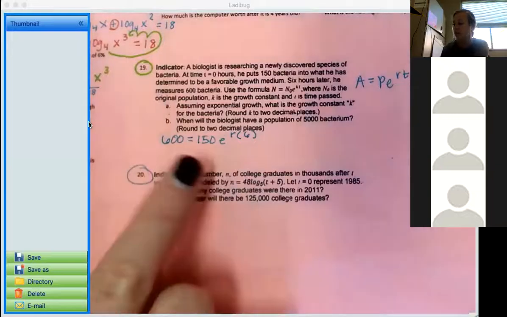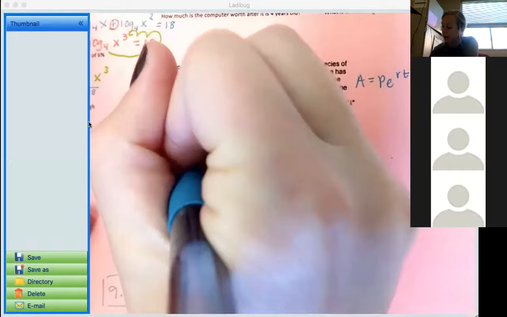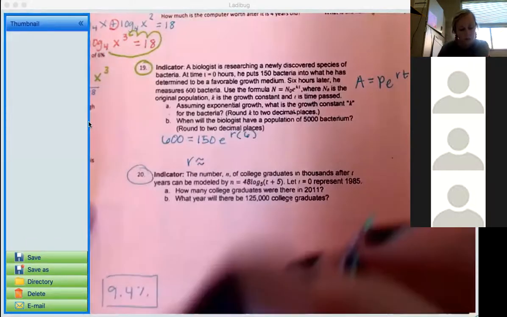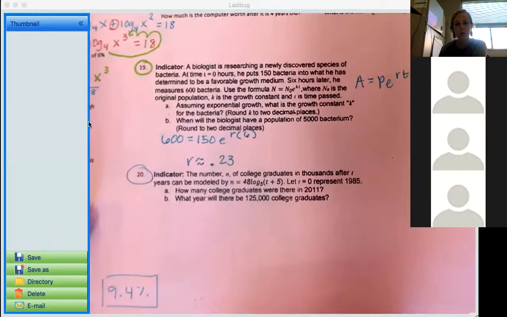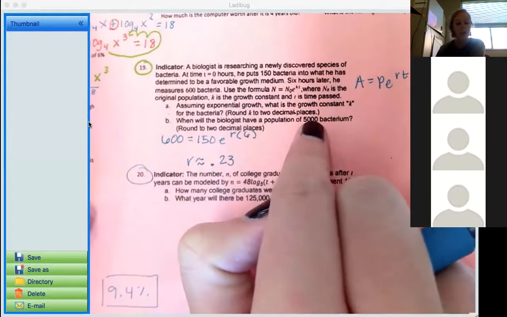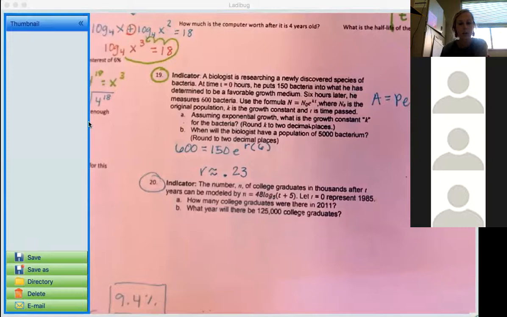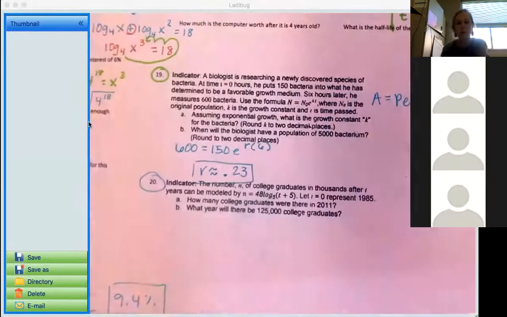Because we just did one like this up at the top. Yes. Okay, so the rate I got was 0.23. And it says leave it in 2 decimal places. So I left it as 0.23. Just make sure tomorrow you pay attention to how Delta Math tells you to round, okay?